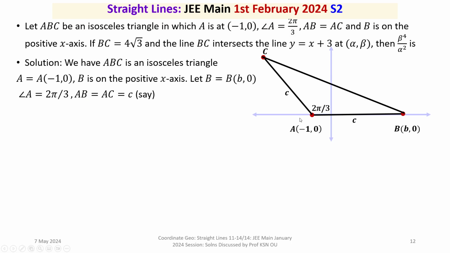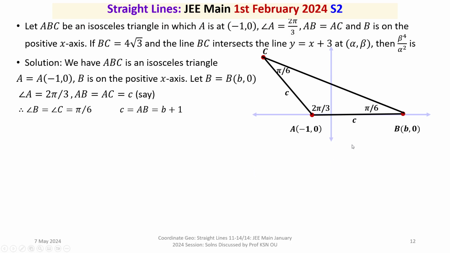AB is equal to AC is equal to c. Agreed. Now angle B. Now AB is equal to AC. Therefore, the angles opposite to them are also equal. And we have already taken angle A as 2 pi by 3. So they must be pi by 6 and pi by 6.